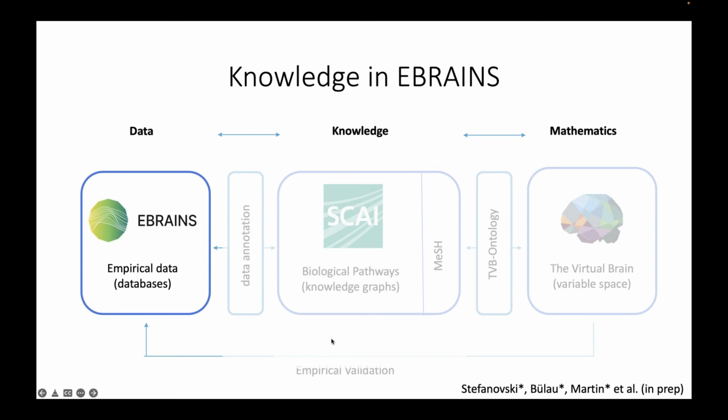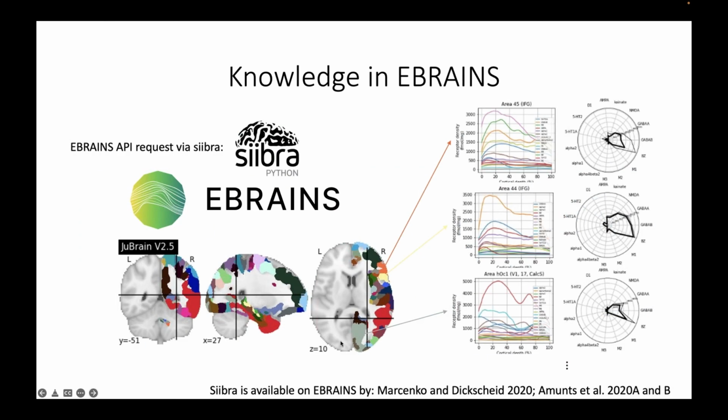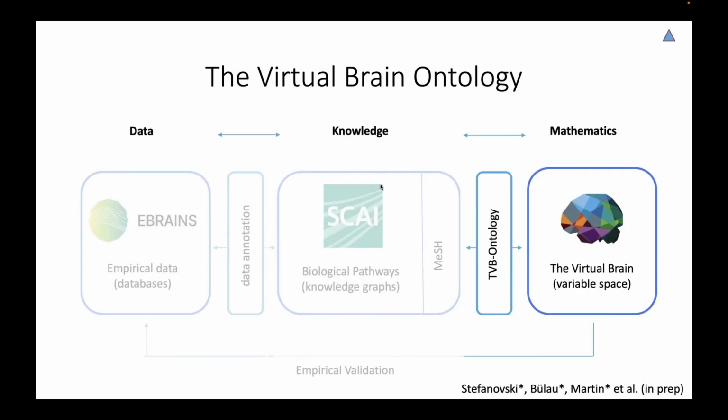This is, for example, receptor densities that can be requested by the Siibra client, or also gene expression data, which we probably will also hear about in the other weeks of the summer school a bit. And because I talked a lot about ontologies, we also built an ontology for The Virtual Brain that will also be part of one session of the summer school.